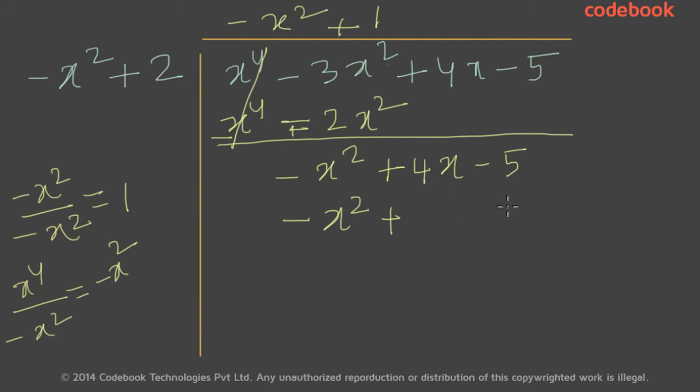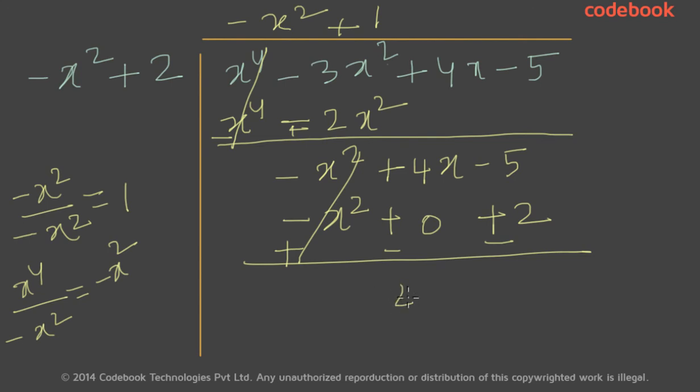Here you have the x term, so you leave it out, and then you put the 2 under the constant. Now again subtract. This becomes plus, this becomes minus, this becomes minus. So minus x square plus x square cancels out, 4x, and this is 0 over here, right? So 4x minus 0 is 4x, and minus 5 minus 2 is minus 7.